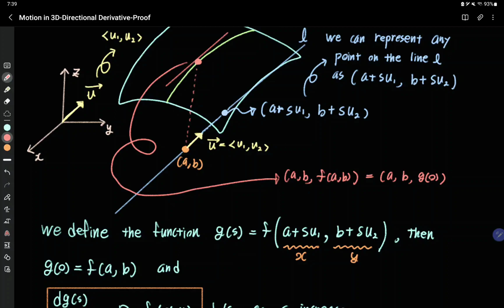By the way, the parameter s is along the line L, right?